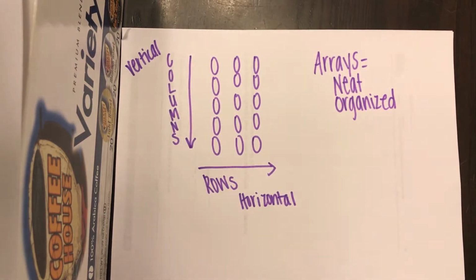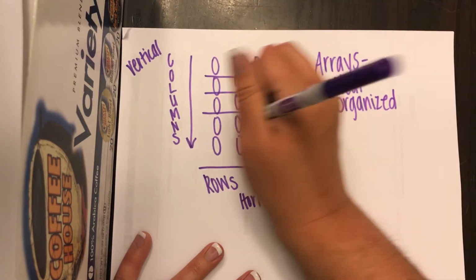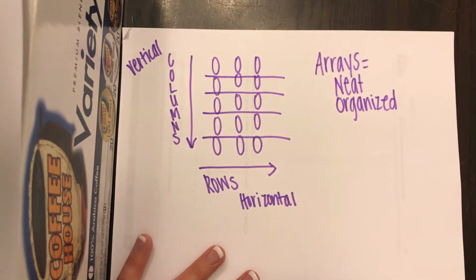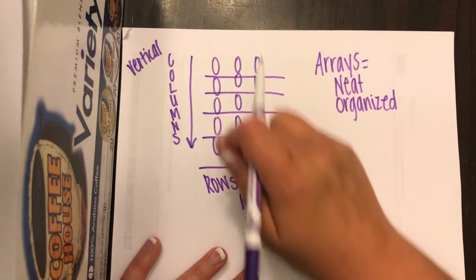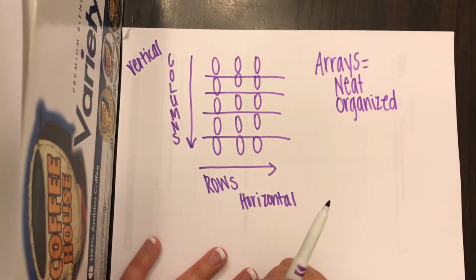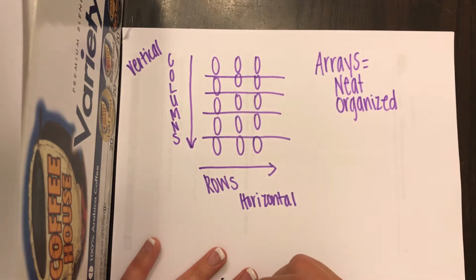Okay? So, what we're doing here is we're going to look at the columns and the rows as these are organized. Okay? So, how many columns do we have? We have 3 columns. And so, how many are in each column? 1, 2, 3, 4, 5 are in each column.